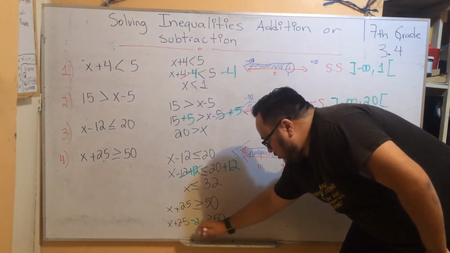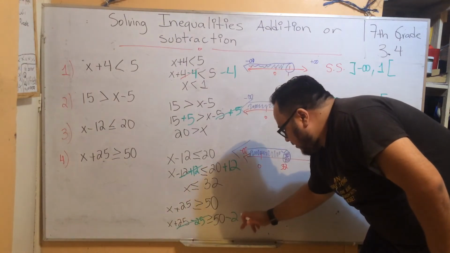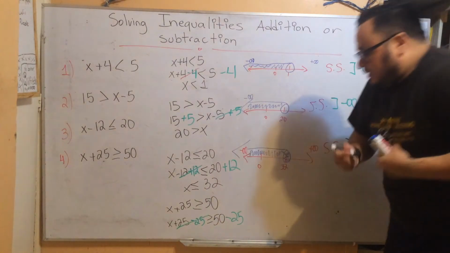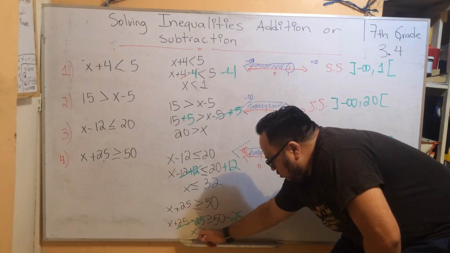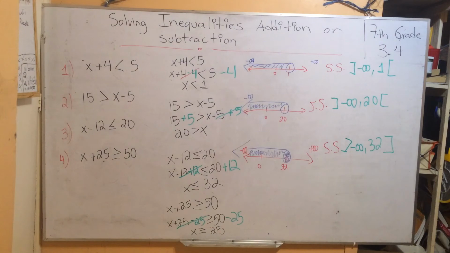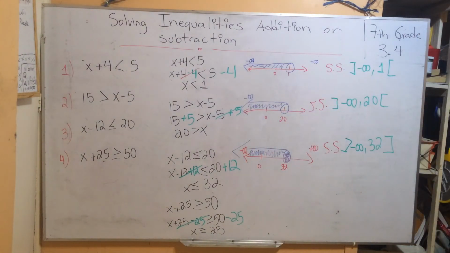So we subtract 25 here. So this becomes 0, and we subtract 25 here. So that means that our answer is x greater than or equal to 25, because 50 minus 25 is 25.